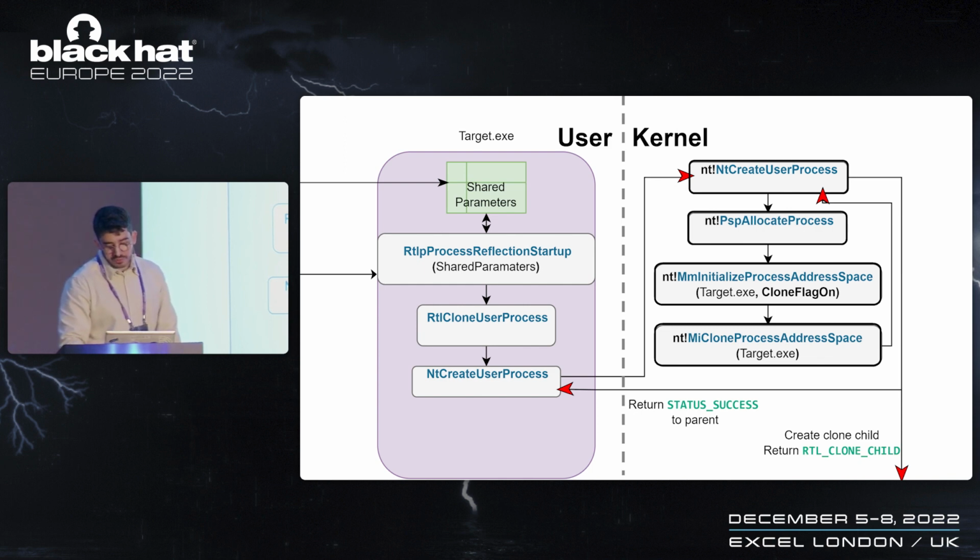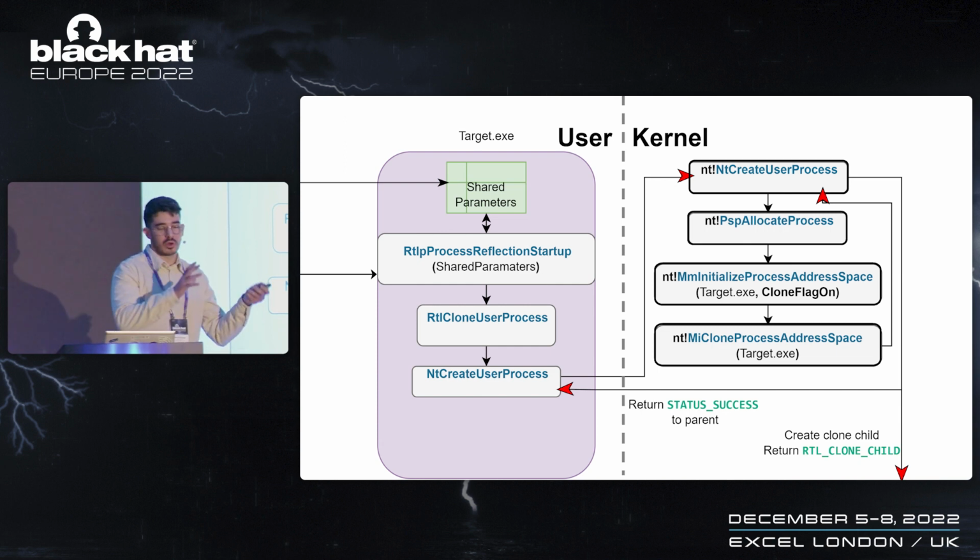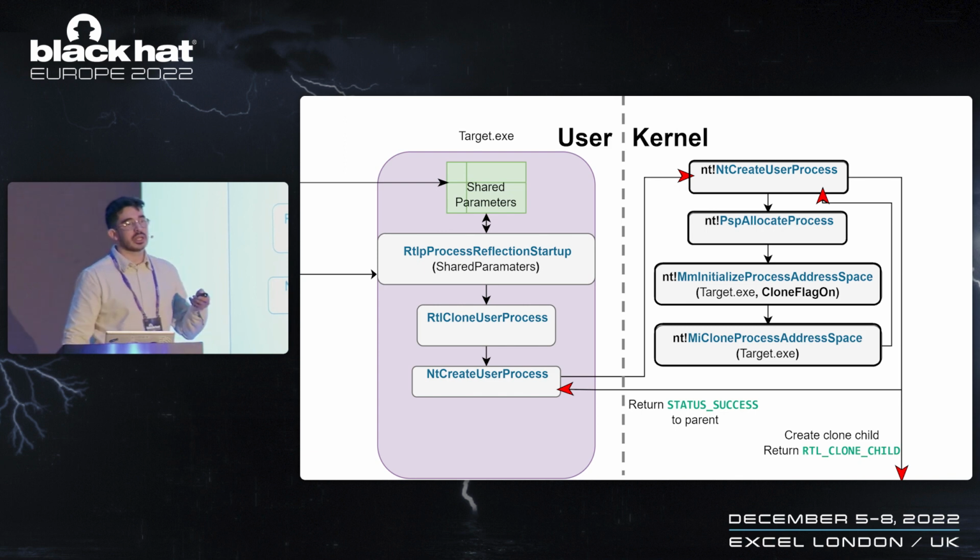And this time around, the function that's being invoked is MiCloneProcessAddressSpace, which does the actual cloning. It creates a copy-on-write view of the targeted process and assigns it to the newly created process, effectively creating a clone of the process.